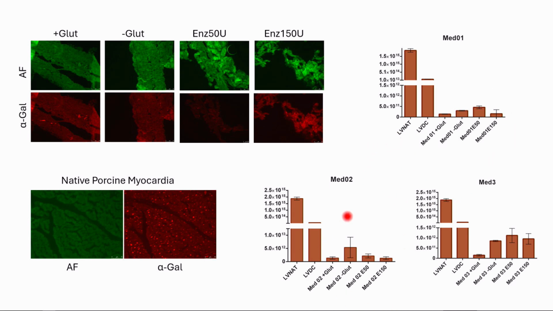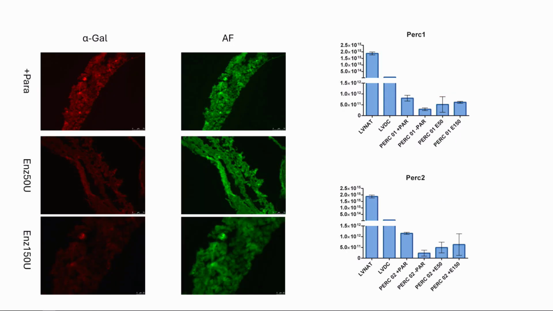With these samples, we found that three of them had, to some extent, a reduction of alpha-gal. For the first Medtronic one, we found this result. For the Parsival, we found two samples, and the lectin signals were pretty much higher and were reduced after treatment with the enzyme.